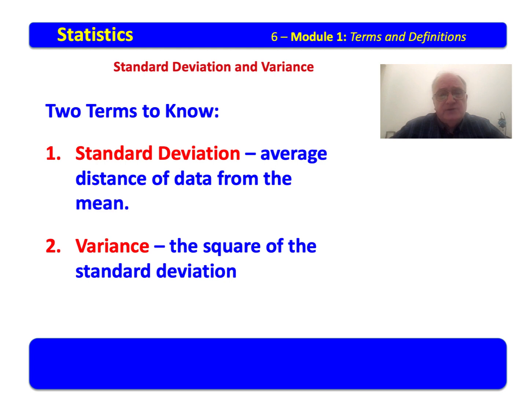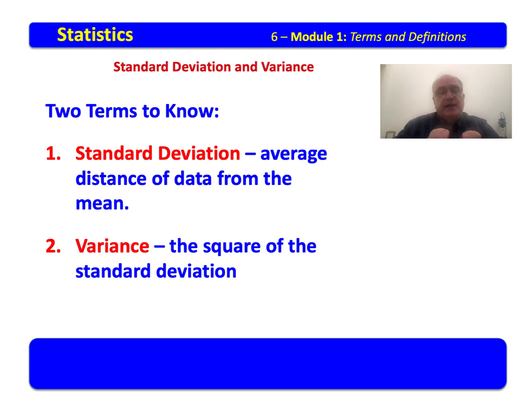Now, back in those days, taking a square root was not as easy as just hitting a number on a calculator. So a lot of times people, instead of taking a square root of something, just dealt with the thing in its squared form. That's where variance comes from, a time when statistics was really done without calculators and without computers.